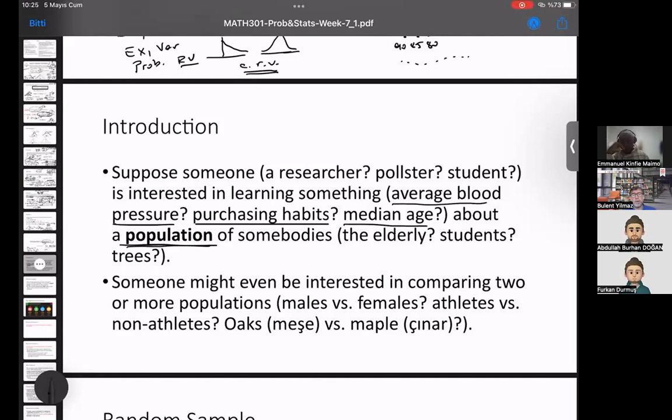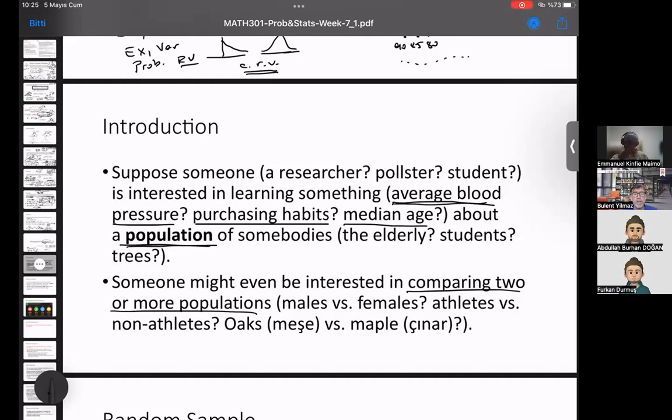But we may also be interested in comparing two or more populations. For example, we want to compare the average blood pressure in men and women, the purchasing habits of men and women, the calories consumed by athletes and non-athletes.